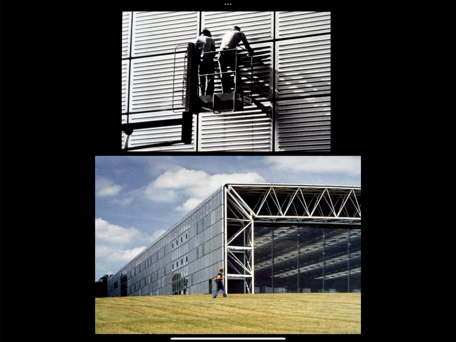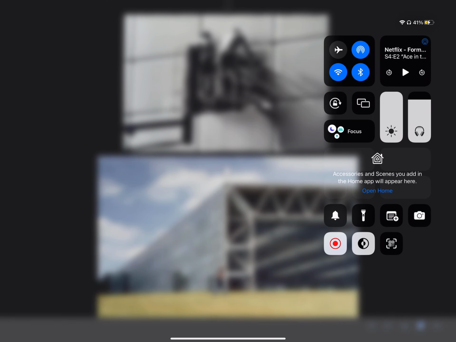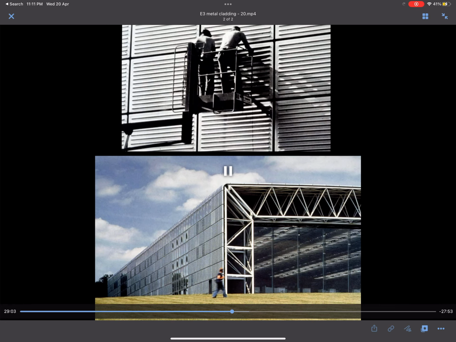The ribbing of the panels helps to increase their stiffness so that they can span, and it also means that the panels do not streak when it rains.